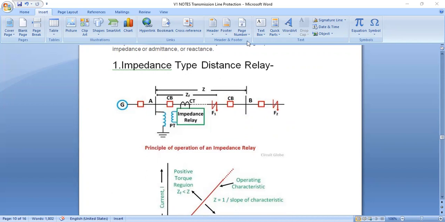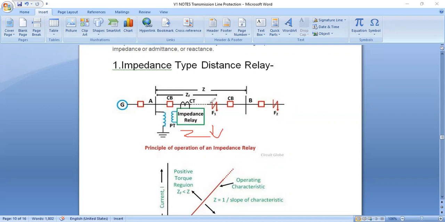If the impedance is less than the impedance relay setting, it gives the tripping command to the circuit breaker.